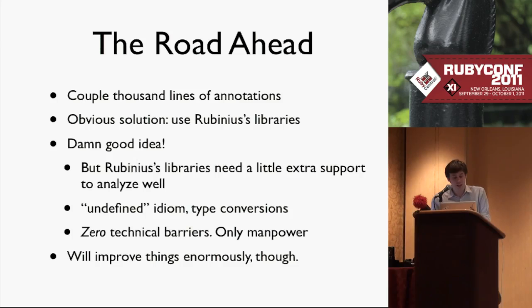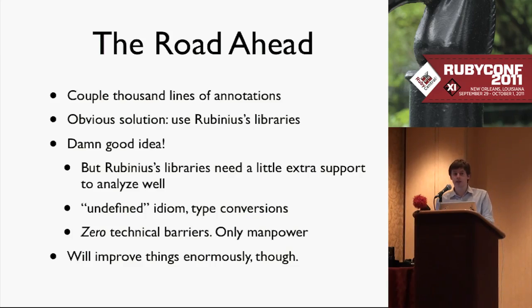And the obvious solution is to use Rubinius's libraries. And I really, really like this, and I think this is really where it's got to go. I haven't done it yet. They need a little bit of extra support to analyze well, because Rubinius does use, well, a lot of the type checks that happen in normal C Ruby, they expose in real Ruby, and those are going to need some extra help from Laser to understand as accurately as it needs to analyze these appropriately.